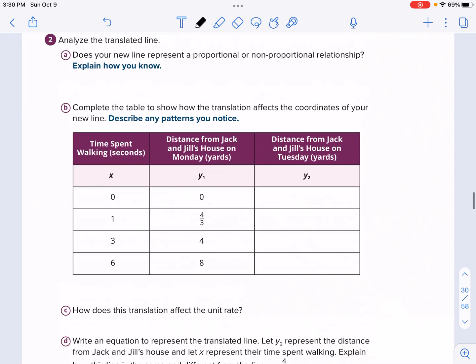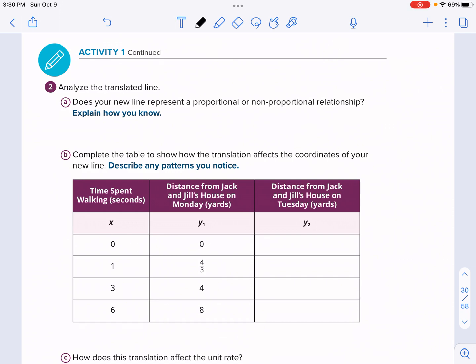Let's go to 196. Number 2, analyze the translated line. A, does the new line represent a proportional or non-proportional relationship? So one of the two. This is the new line. Now, in order for it to be proportional, it's got to be a straight line. So yes. But it has to go through the origin. So it does not go through the origin.